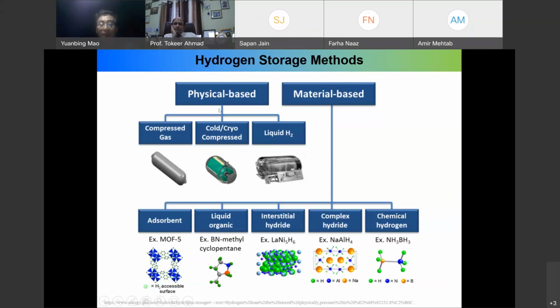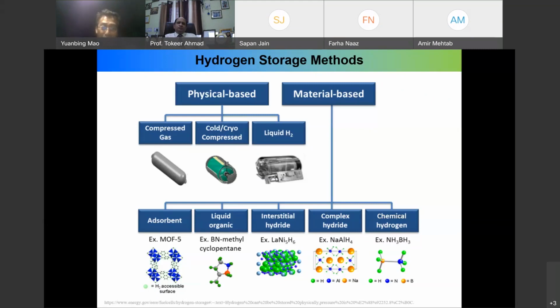The currently commercialized vehicles actually use the physical-based method because the material-based method has not reached that level yet. And that's why a lot of research is still going on. If you are interested in this and you can find a solution, you will be famous and make a lot of money, right?